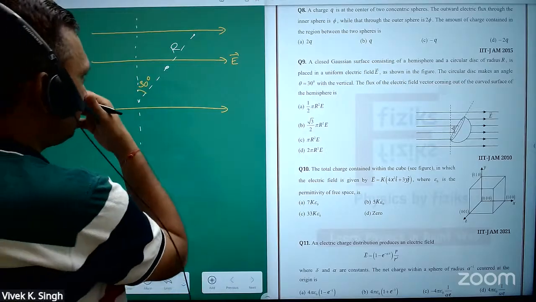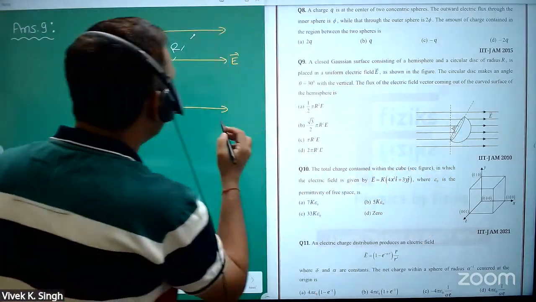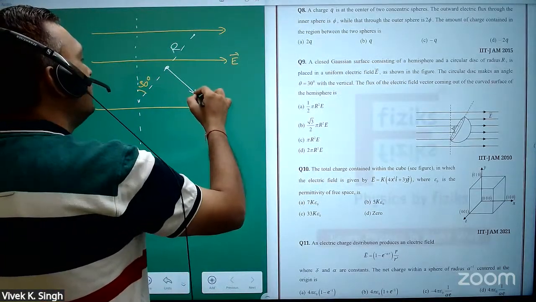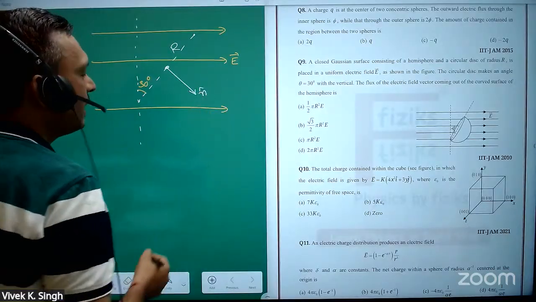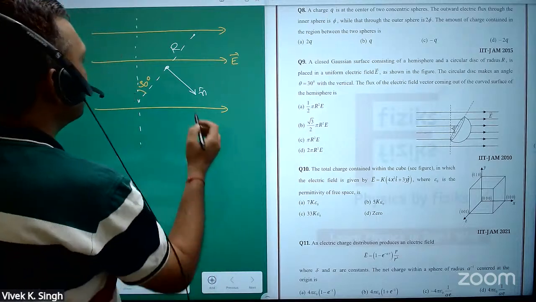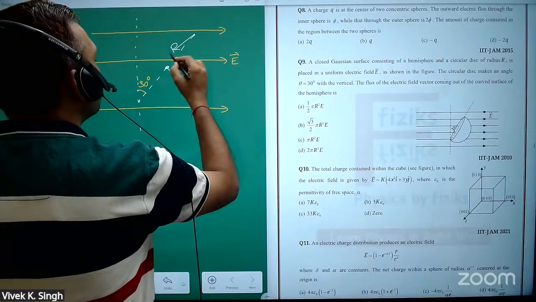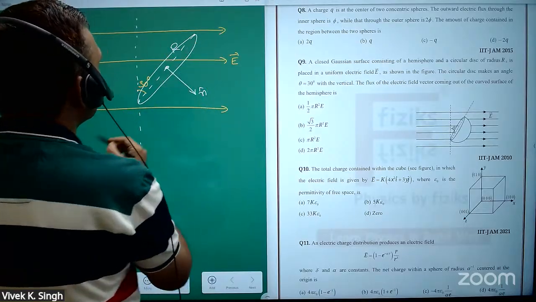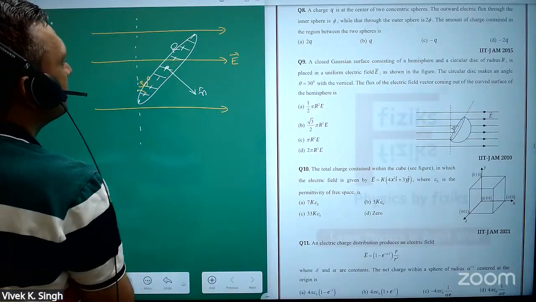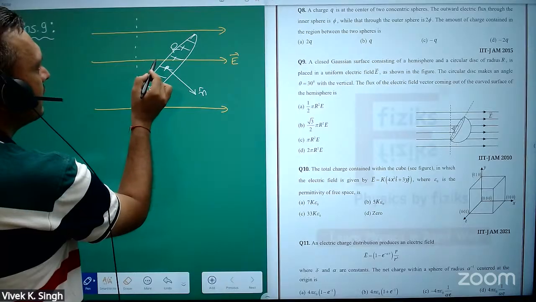So just see what will be n cap. You have to draw it: the area element will be perpendicular to the surface. So this will be the n cap direction. N cap is the area element over the circular disk. This is the circular disk. The radius is given. If you draw the circular disk, it looks like this. You have to see the flux that will cross through this surface. If this angle is 30 degrees, let's extend this.